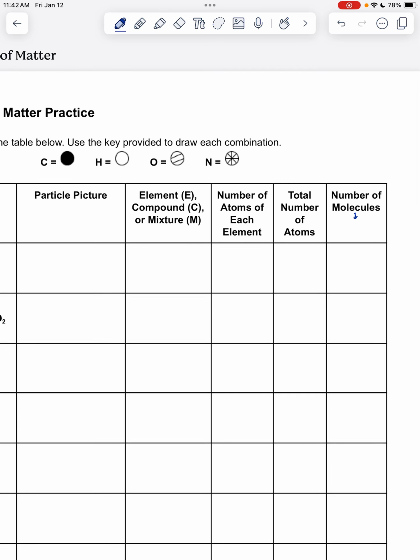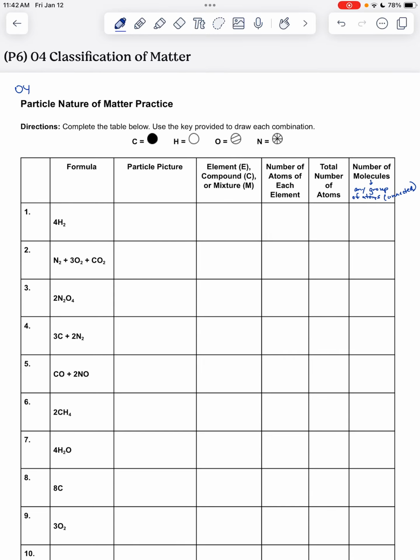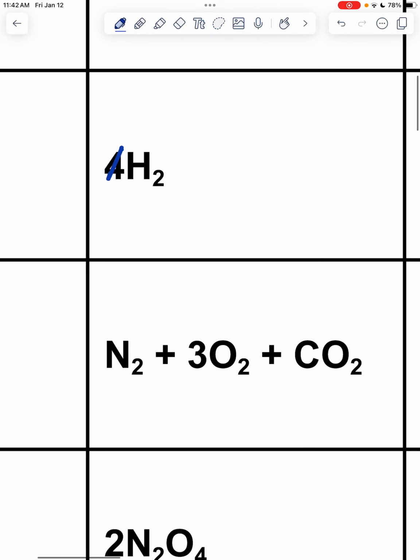And remember, molecule is any group of atoms that are connected. Any group of atoms. So they have to be connected. In this case, for this first one, I like saying to not worry about that front one for now.